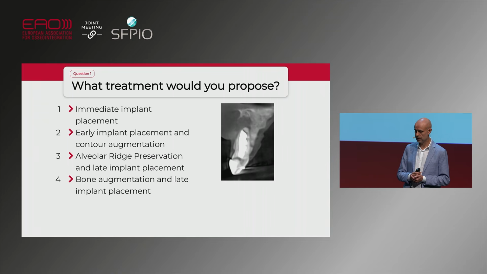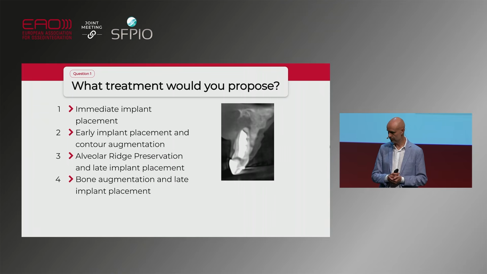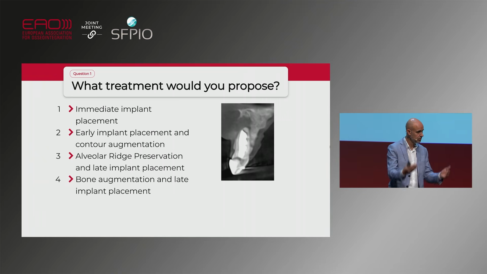Option 3 is alveolar ridge preservation and late implant placement. And then we wait for about 5 months before placing the implant. And if you think that this is really a too complex case that needs bone augmentation in a staged procedure, then you would select option 4, bone augmentation, and you opt for late implant placement.